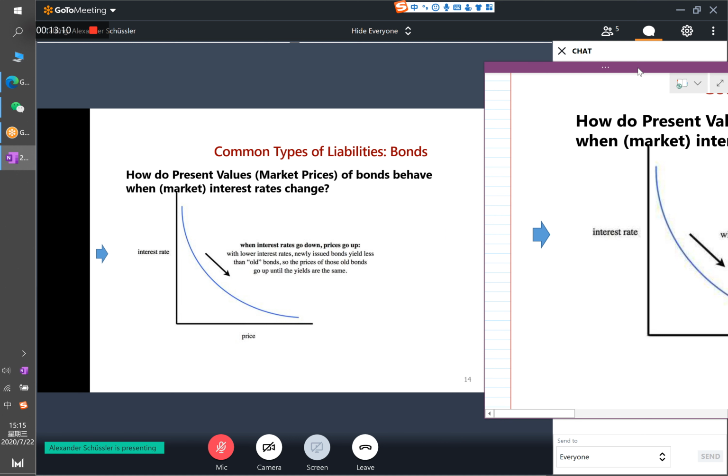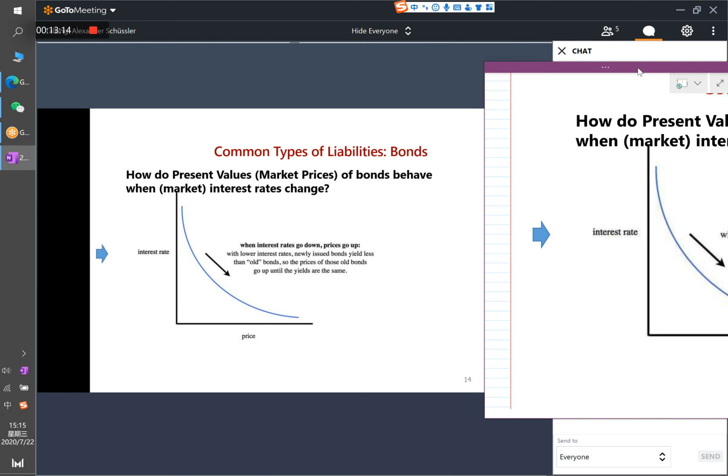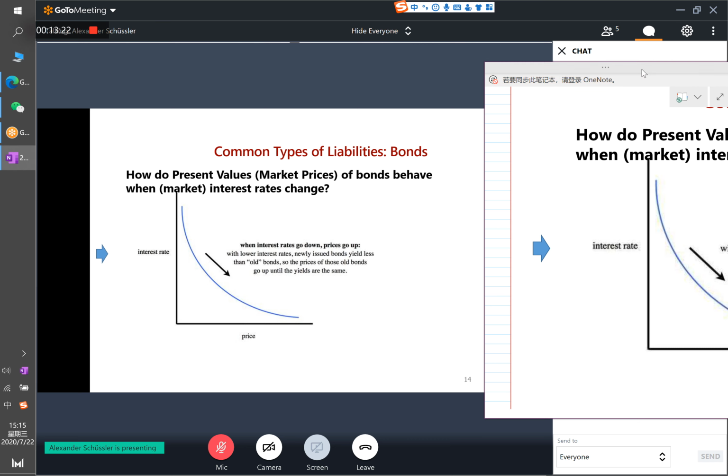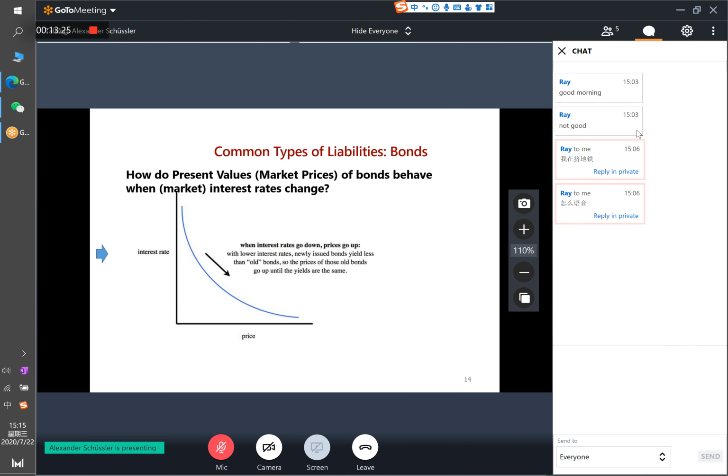This is a general relationship that holds for market prices and interest rates. Generally speaking, there's an inverse relationship between market prices and interest rates. When interest rates go down, prices go up. Why is that the case?